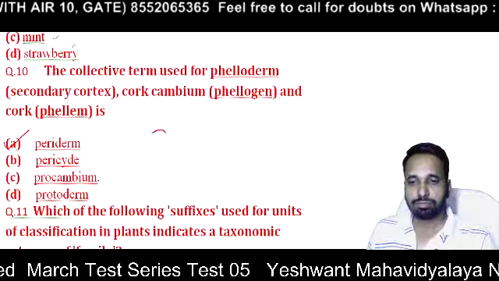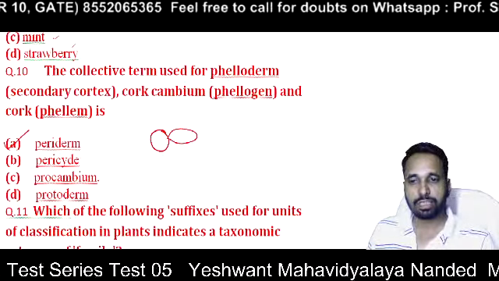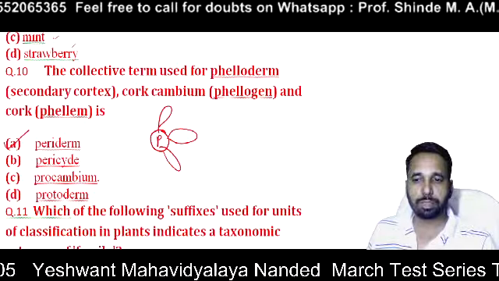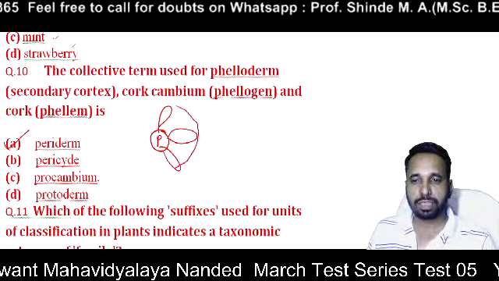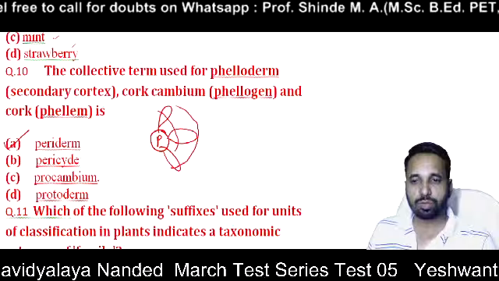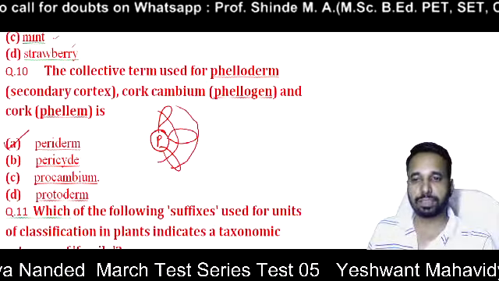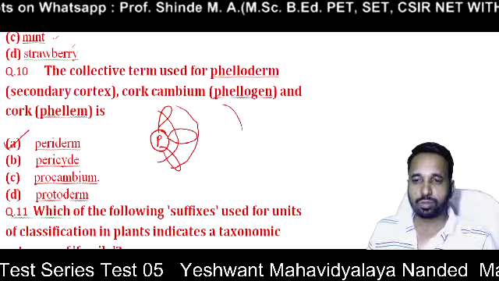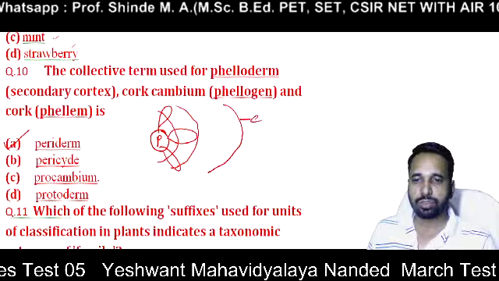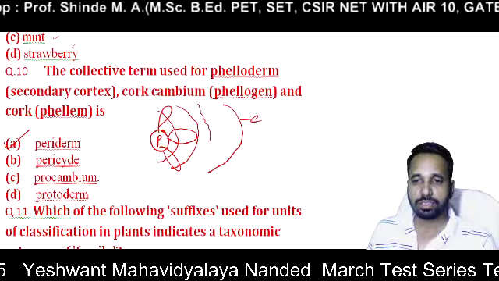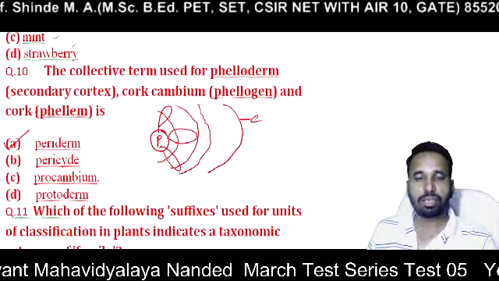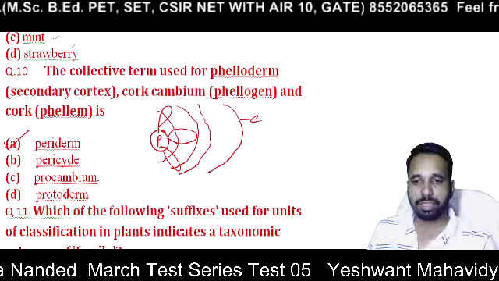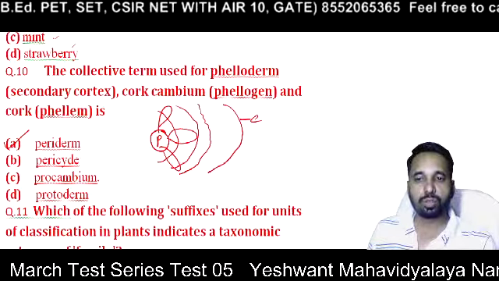Okay, for reference we can just take a quick recap. So these are the vascular bundle, this is the central pith, and now there is a pericycle. Okay, and there is one vascular cambium like this with the inter and intrafascicular cambium. Right, now what exactly happened? So suppose this is the epidermis. So there are certain cells here which regain the capacity of cell division by the process of dedifferentiation, and this is called as phellogen.